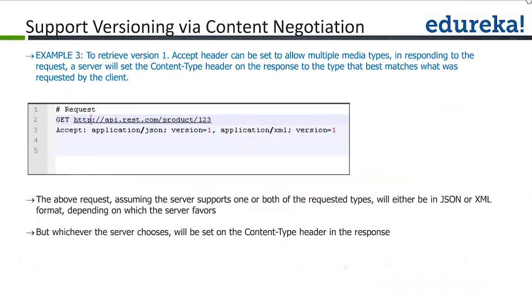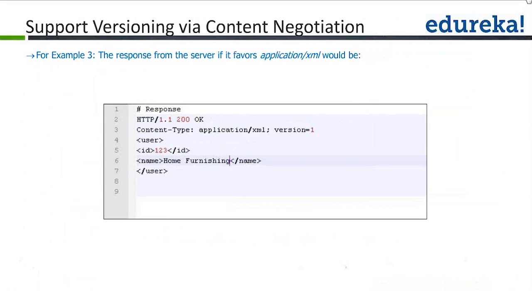When you write your providers, you always give a priority list of the order in which you would want to return your response. So the provider has application XML as first priority in the list. And this was already mentioned in the accept attribute of the client. So it matched and the provider returned the XML response instead of a JSON response, which is very important.